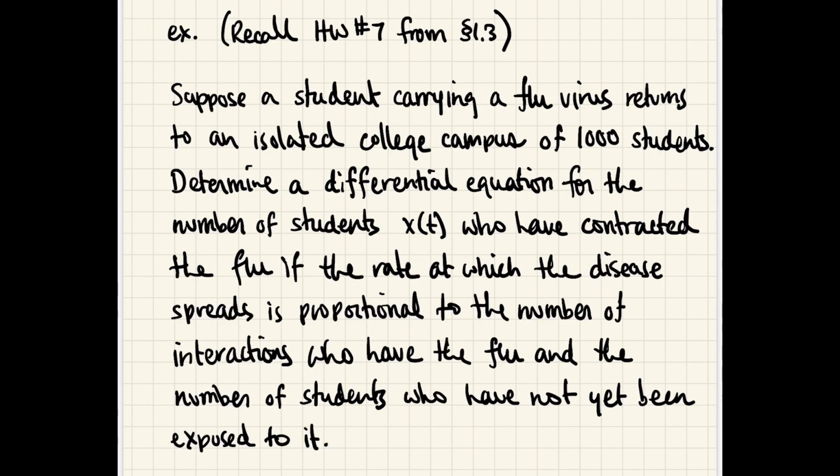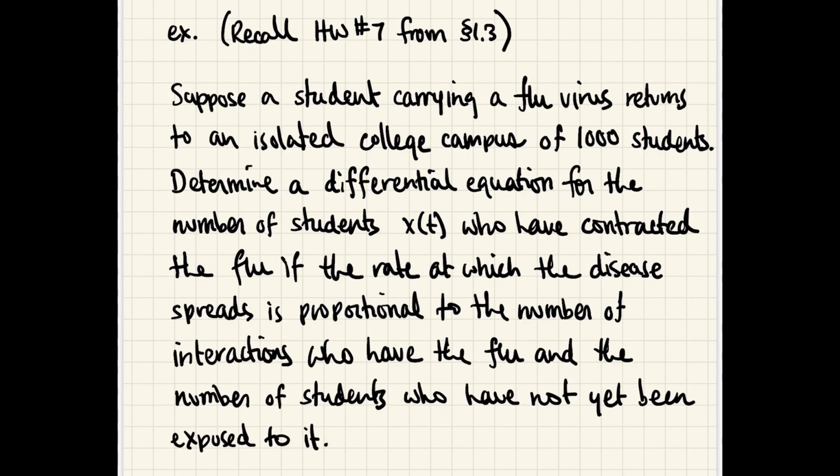All right, let's revisit a problem from section 1.3 that was actually on your homework. So we have a student returning to a campus where there is a population of 1,000 students. And the student has the flu, and we want to determine a differential equation tracking the number of students who have contracted the flu.